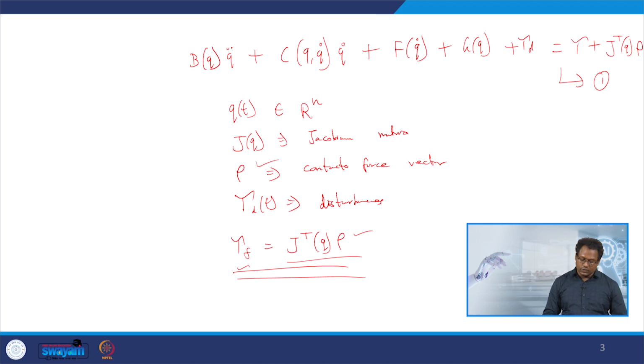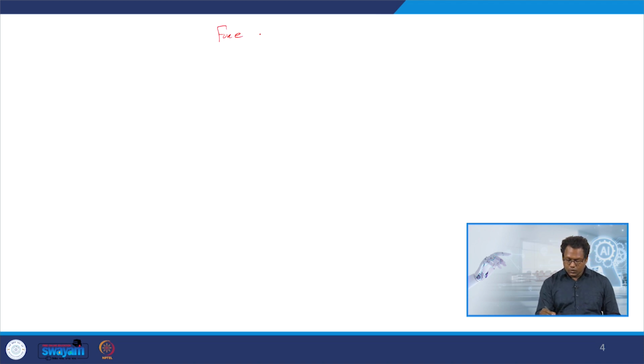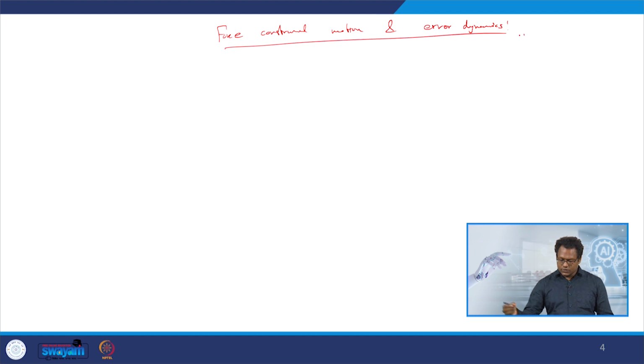Now, let us see the force constrained motion and error dynamics, the constrained error dynamics pertaining to the constrained motion on a surface.